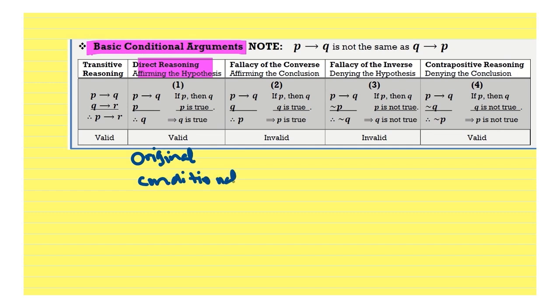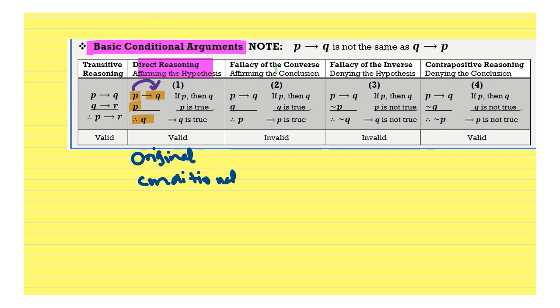And you can see it right here because it says that if P, then Q. And then the second line also is basically saying P, therefore Q. And that is the relationship. It's like if P is true, then we can assume that Q also is true. If the condition of P is met, then Q will also be the result or the conclusion. So that is the original conditional.